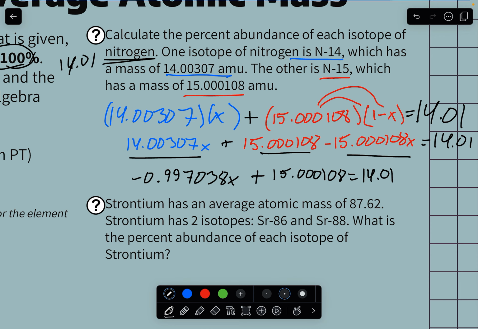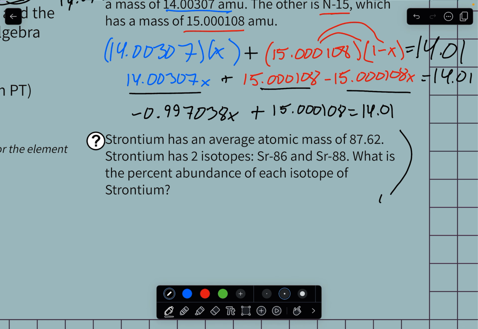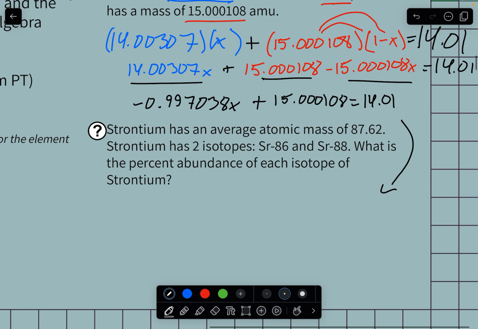Okay, I'm going to move down here just so I have some more room. Okay. So if we want to get our X on our own, we're going to subtract the number without the X, because it has a like term on the other side. So we're going to do minus 15.000108 on both sides. On the left, we're left with the X term, so negative 0.997038X.